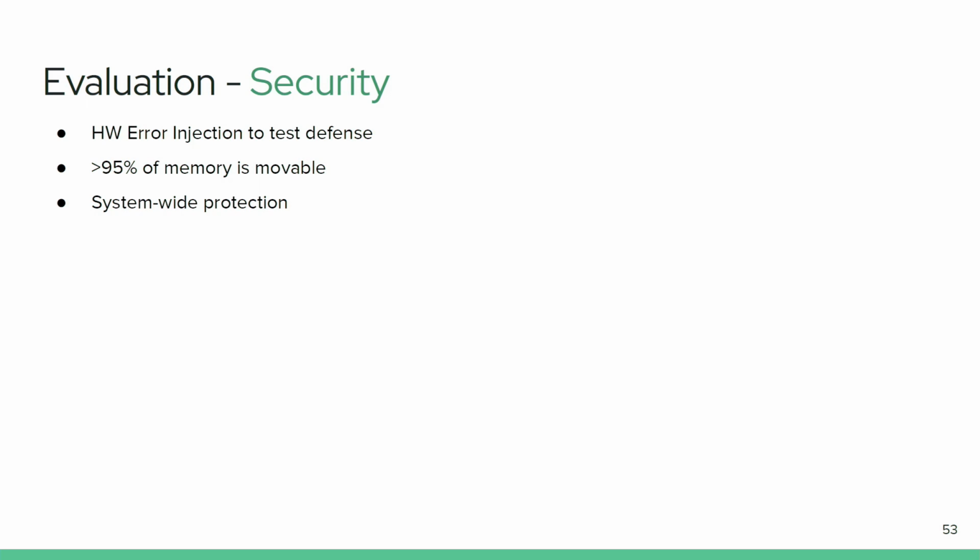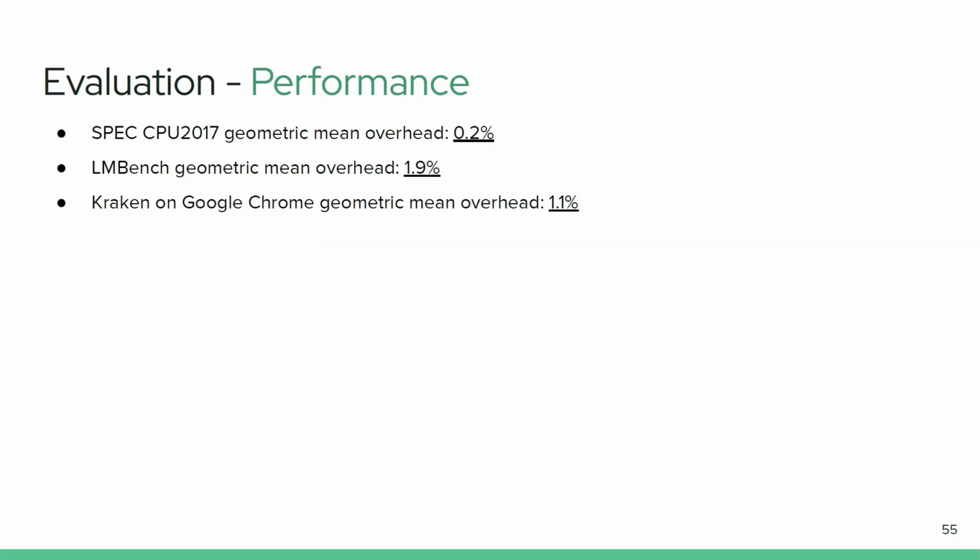And we aim to offer system-wide protection. So that's why we also include the kernel pages. And we also make no assumptions on a certain Rowhammer variant or pattern, except for the fact that it's Rowhammer on ECC.